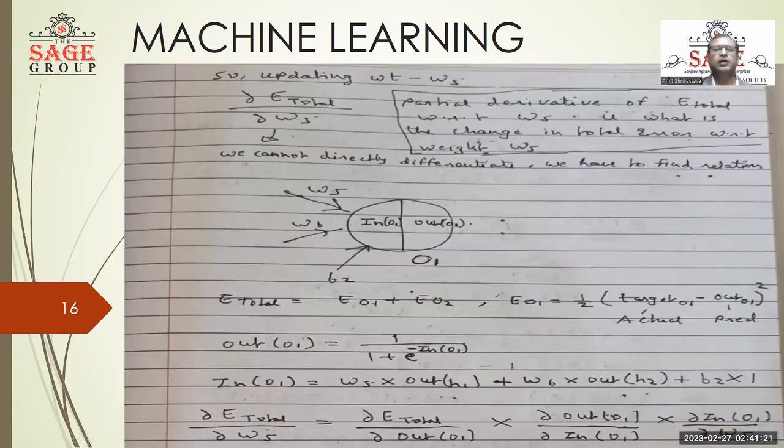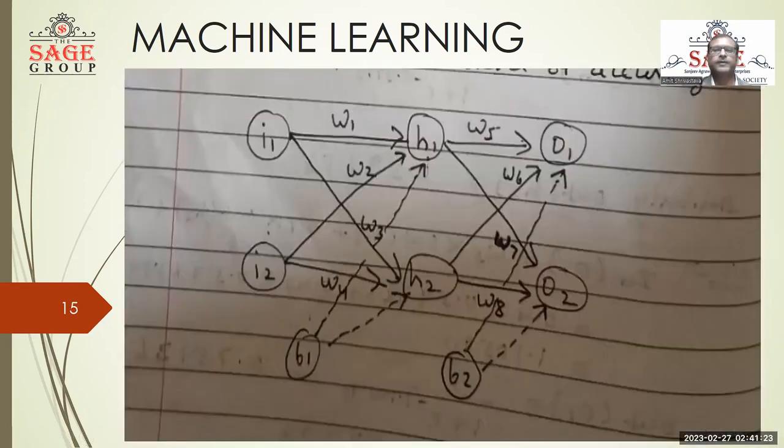So this weight W5 is coming to this O1. Now this O1 is getting the output of H1 multiplied by this W5, output of H2 multiplied by this W6, and this bias.